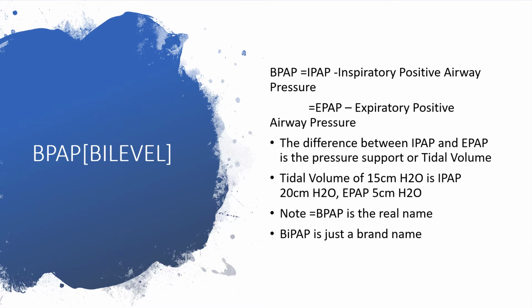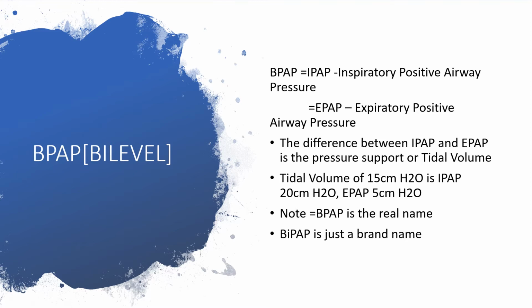The bilevel positive airway pressure will have two parts: the inspiratory positive airway pressure and the expiratory positive airway pressure. So they're going to set the device in such a way that there'll be a difference between IPAP and EPAP when you're dealing with BiPAP.